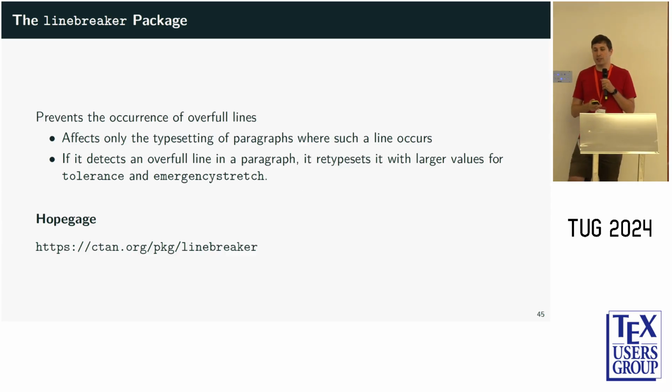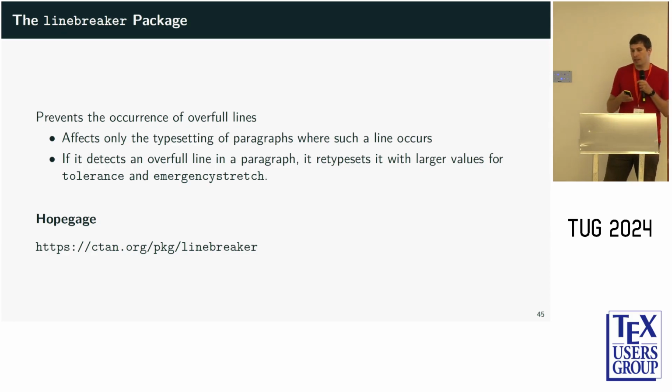And the last one is the linebreaker package. It uses Lua callbacks in the line breaking stage, and when it detects that there is an overflow box, it will try to typeset this paragraph again using larger tolerance and emergency stretch.